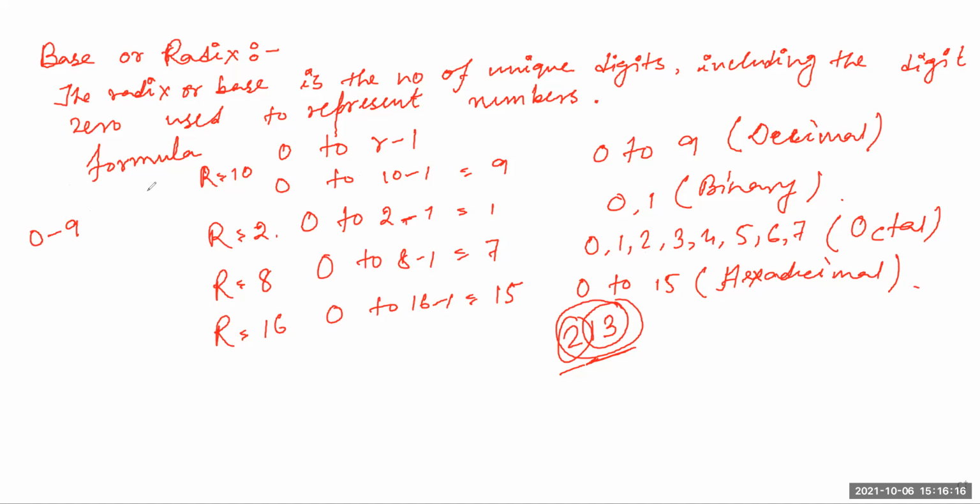After that you will get 10, 11, 12, 13, 14 and 15. So the remaining 6 numbers in hexadecimal, 10 to 15. The range of hexadecimal is 0 to 15.